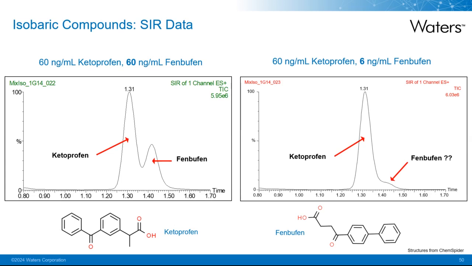On the right-hand side, the sample has 60 nanograms per mL ketoprofen and 6 nanograms per mL flurbiprofen. And it appears that we can still see both compounds, but can we be sure that that shoulder is actually flurbiprofen and that the shoulder isn't hiding in the left-hand chromatogram?